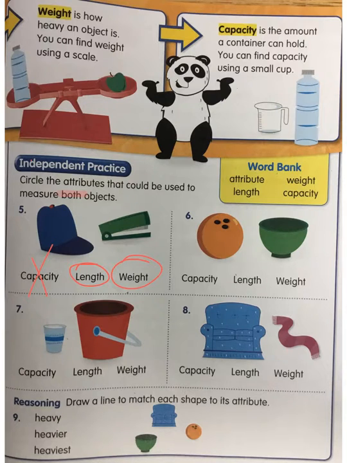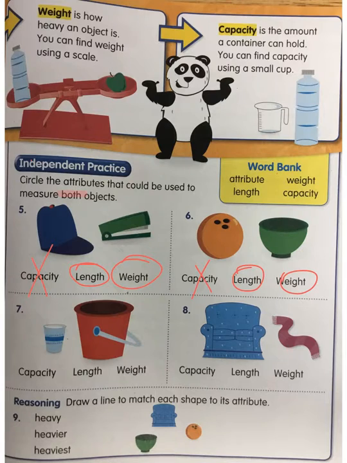All right, number 6, a ball. Well, I can't hold anything in that. And yeah, I could measure its length. The bowl, I could measure its capacity, but I couldn't with the bowling ball. I could measure both length and weight with both of them. Their length and their weight. All right, number 7.